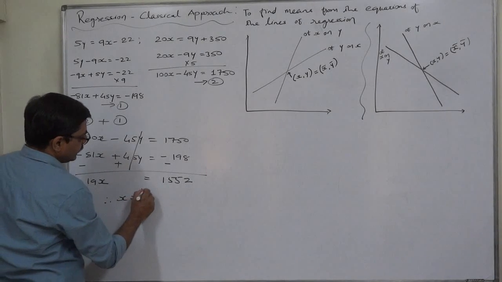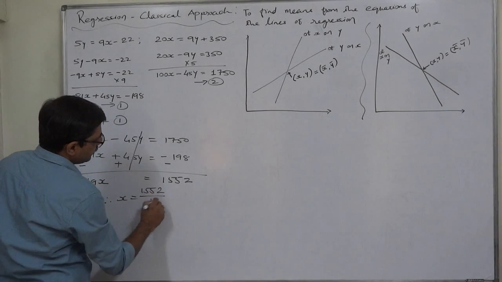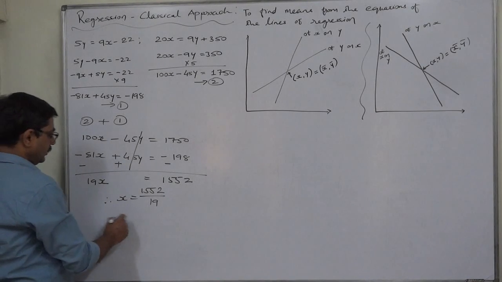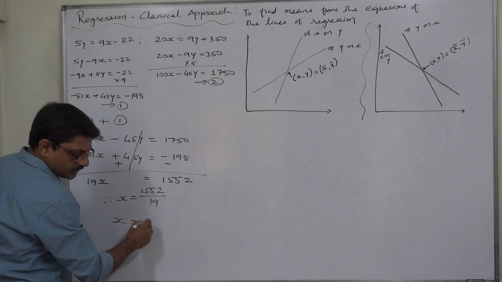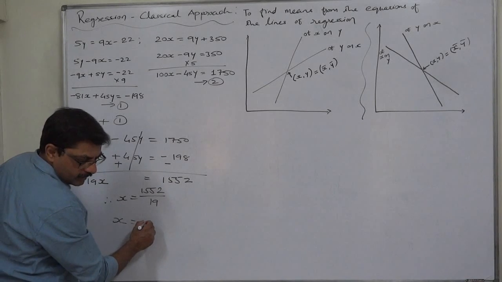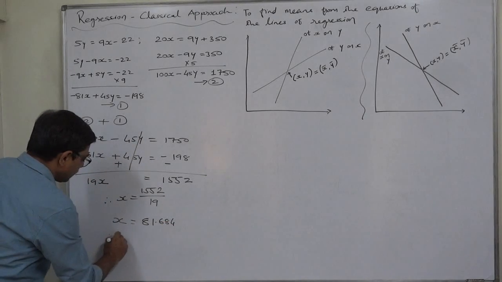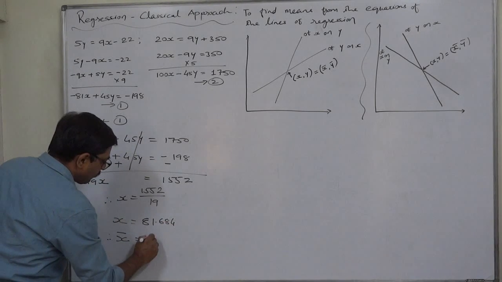So x is 1552 divided by 19. So x is approximately 81.684, and that means mean of x or x bar is 81.684.